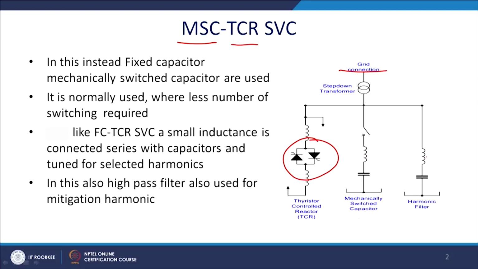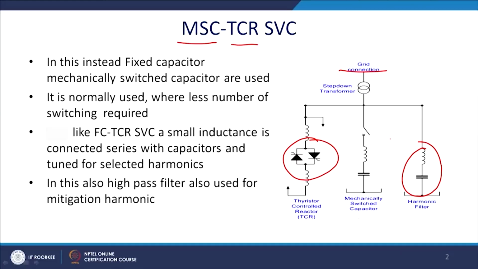And there is harmonic, because the TCR will generate some amount of harmonic that will be suppressed by this harmonic filter. So, this kind of combination is called MSC-TCR SVC.